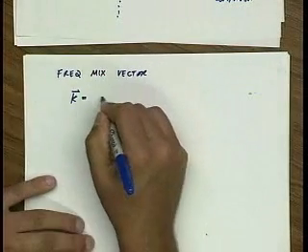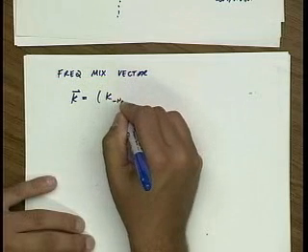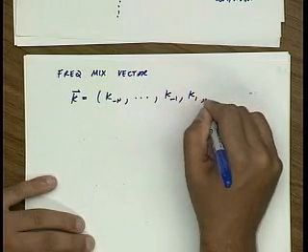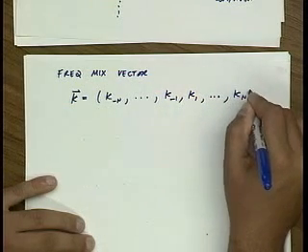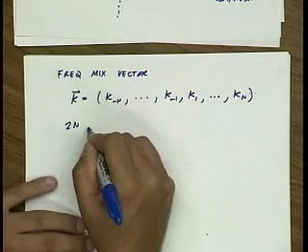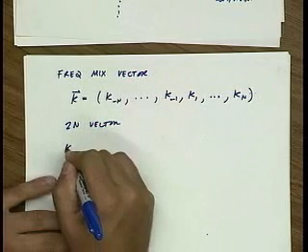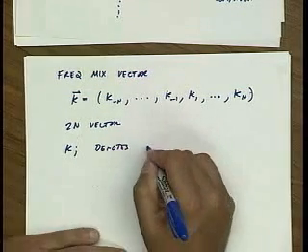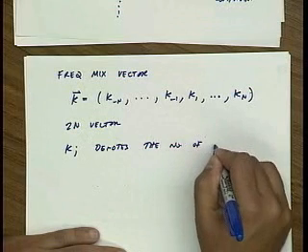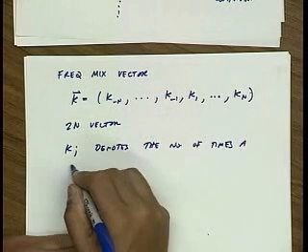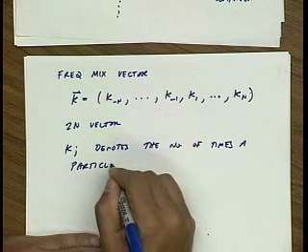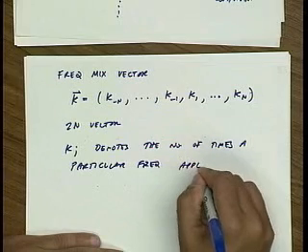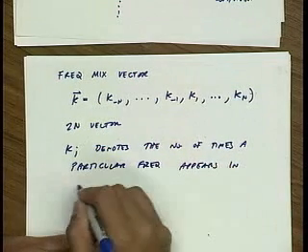K is going to be a 2n vector that looks like this, with 2 times n elements, where kj denotes the number of times a particular frequency appears in a given summation.